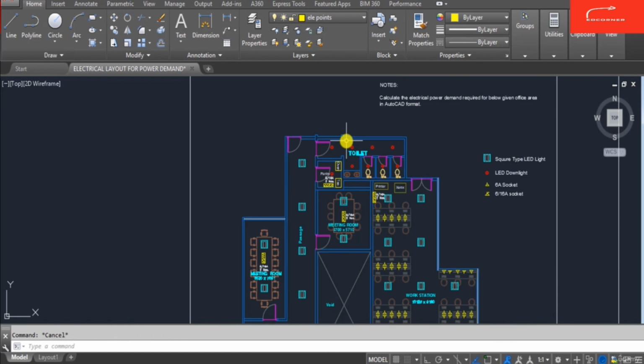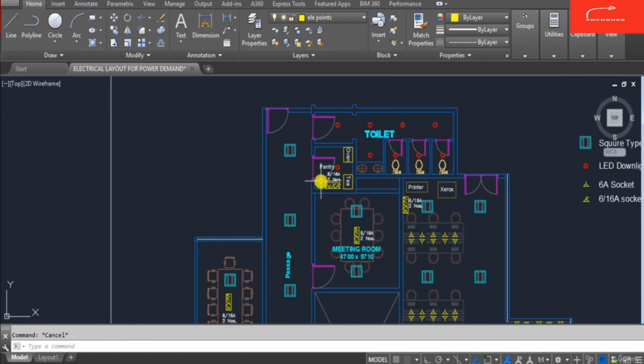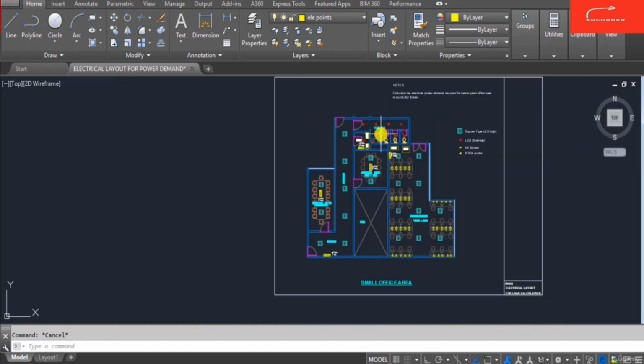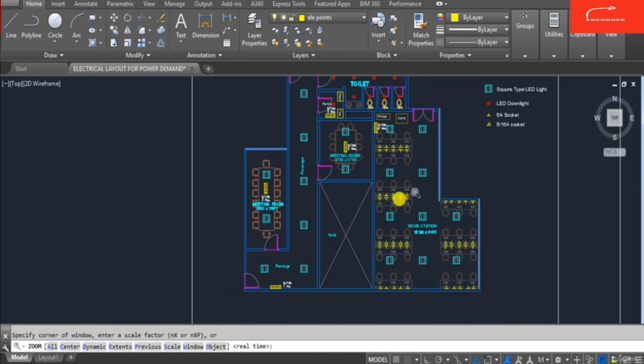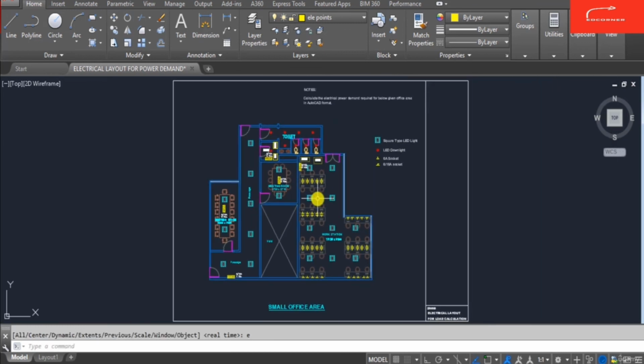For example, if an access door power point is required, we can add it. And suppose we require a special power point like 6x16 amperes or maybe 32 amperes for a certain area where there is a server room and other special rooms like a panel room, so we require a 32 ampere switch socket. So we can add the 32 ampere switch socket.